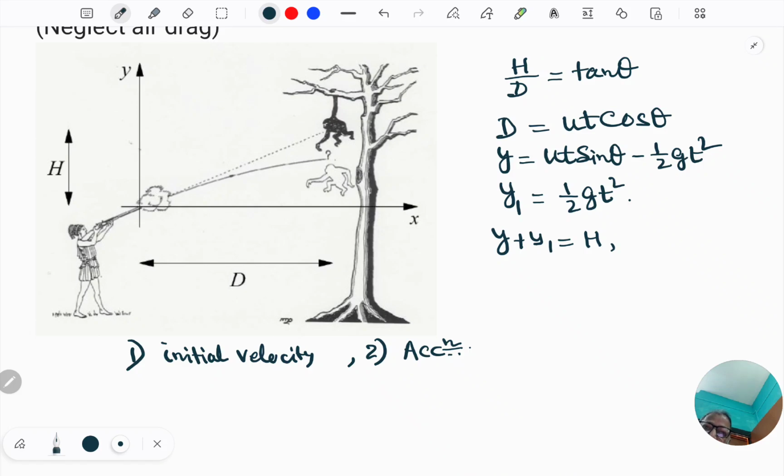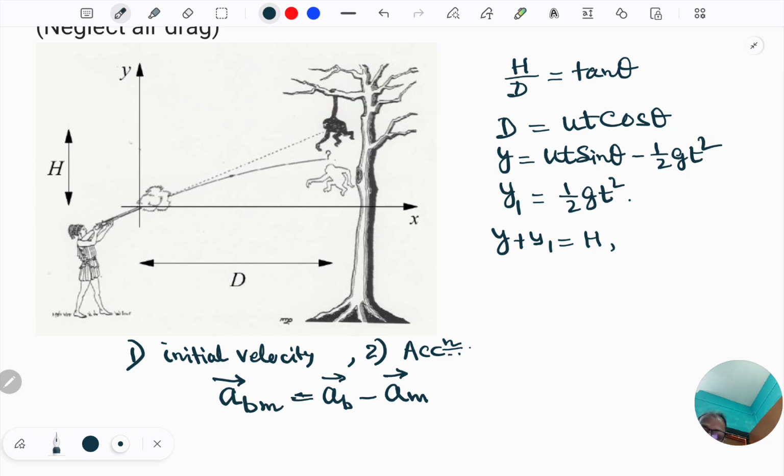Well, from the ground frame, the bullet has acceleration g downward. As the monkey is falling freely from the ground frame, the acceleration of the monkey is also g downward. And therefore, from the frame of the monkey, the acceleration of the bullet, as we know from relative motion, is the acceleration of bullet vector with respect to ground minus acceleration of monkey vector with respect to ground.